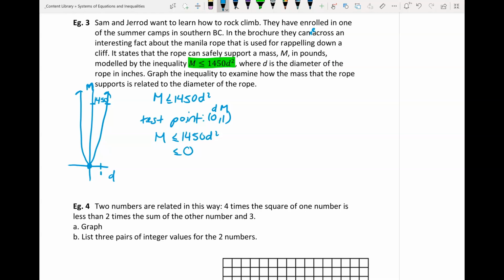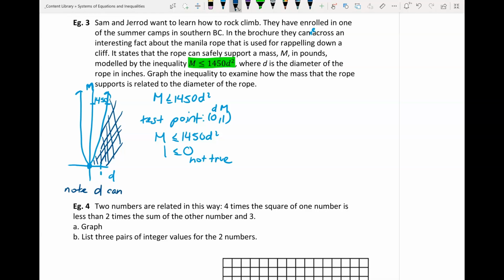If I put in 0 for d and 1 for m, we're going to get 1 is smaller than or equal to 0, and this is not true. Which means I would shade the outer portion of our parabola. Now, I'm not going to shade the other side because that means that d would be negative.